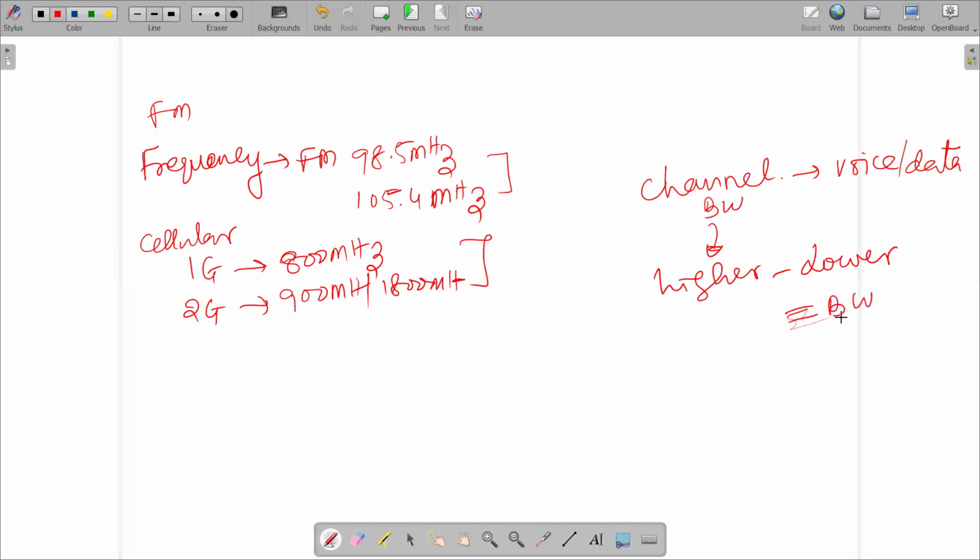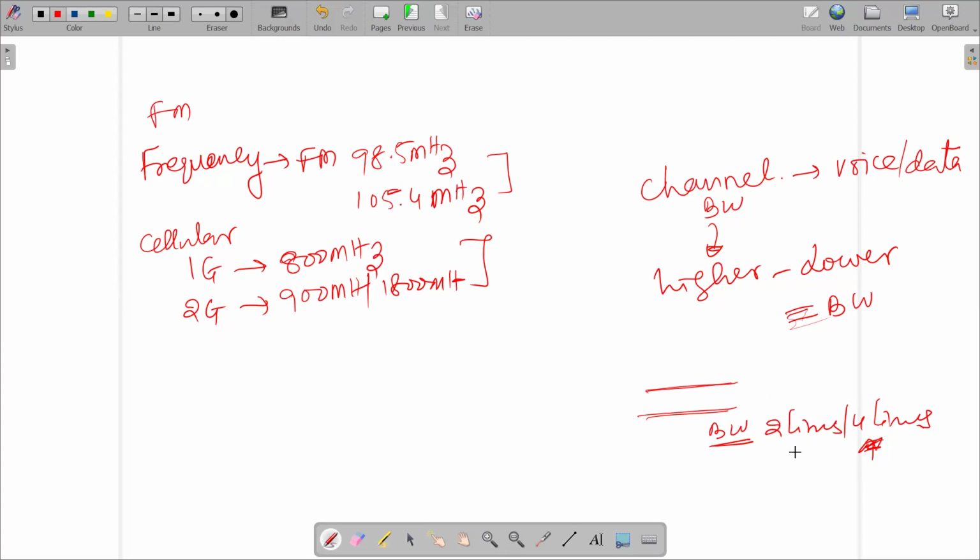So simply, I can say it looks like a road, right, where traffic flows. We say the road bandwidth may be 2 lanes or 4 lanes. If it is 4 lanes, more vehicles can travel.